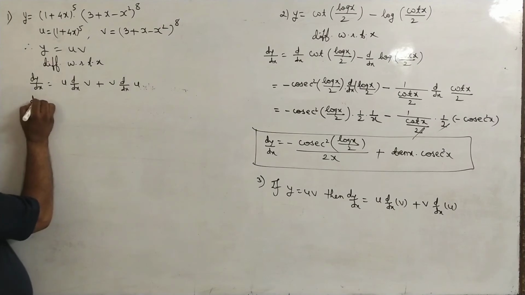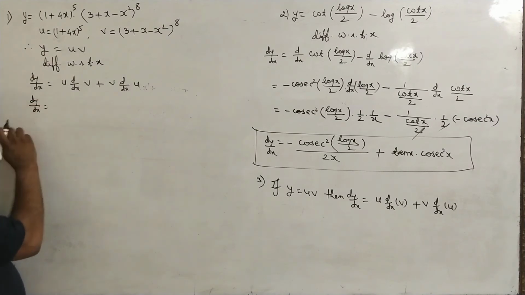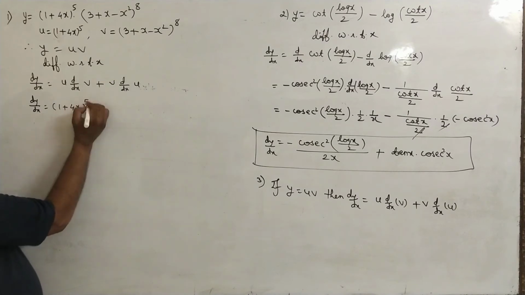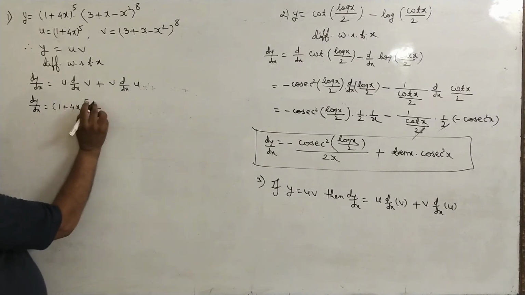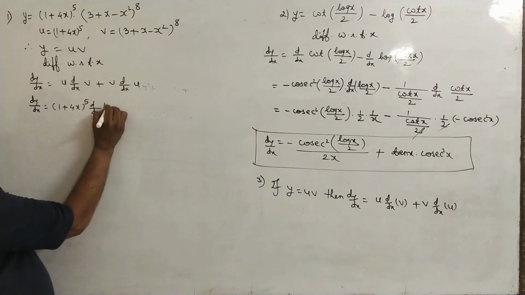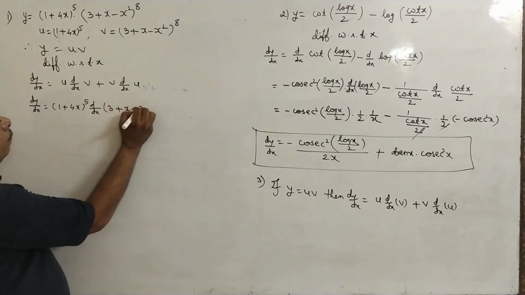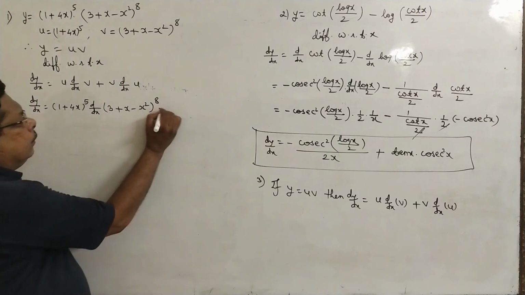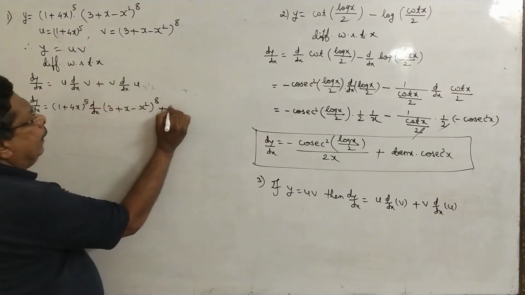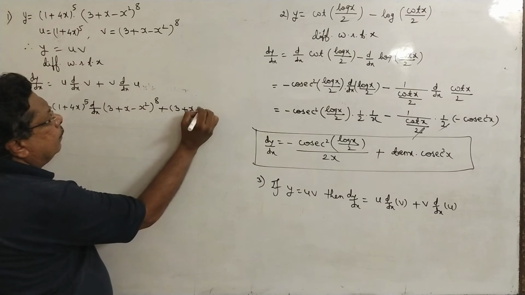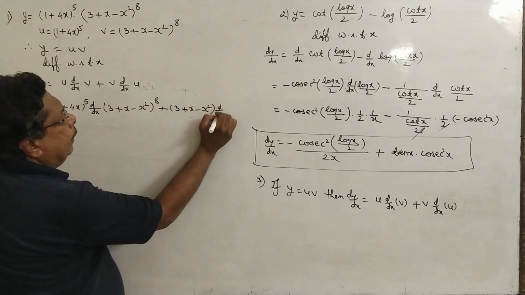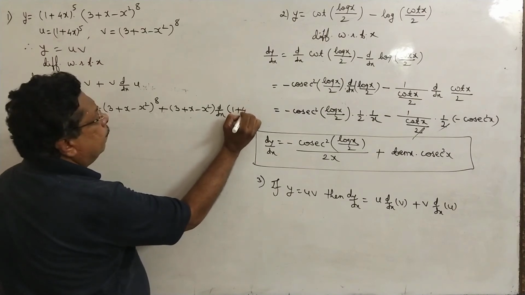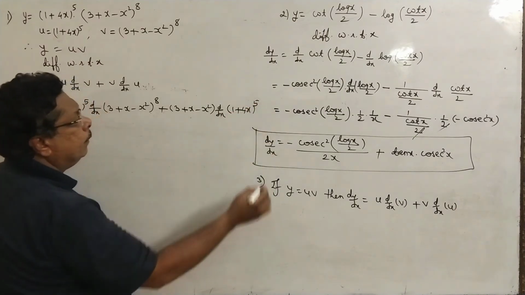So you get dy by dx. u is 1 plus 4x raised to 5 into dy by dx of v, which is 3 plus x minus x square raised to 8, plus v, which is 3 plus x minus x square raised to 8, into dy by dx of u, 1 plus 4x raised to 5.